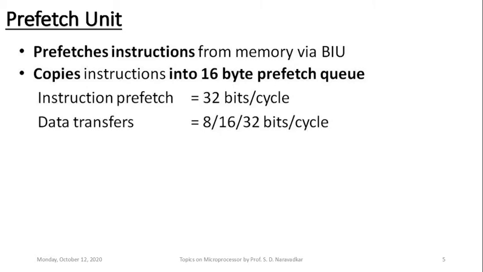Whereas whenever data transfers are to be performed through that same data bus, the transfer can be either 8 bit, 16 bit or 32 bit per read or write cycle for that corresponding data.